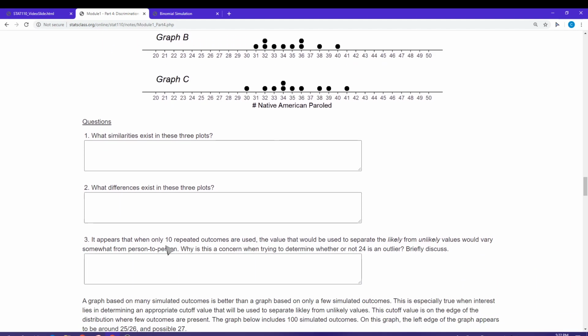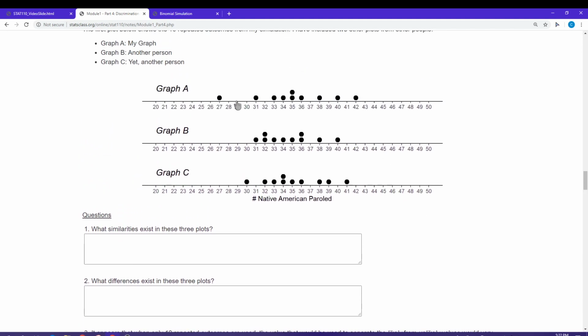When we only use 10 repeated outcomes, it's going to be difficult to separate the likely from unlikely values. And in fact, what one person defines to be likely or unlikely might be different when you don't have very many repeated outcomes.